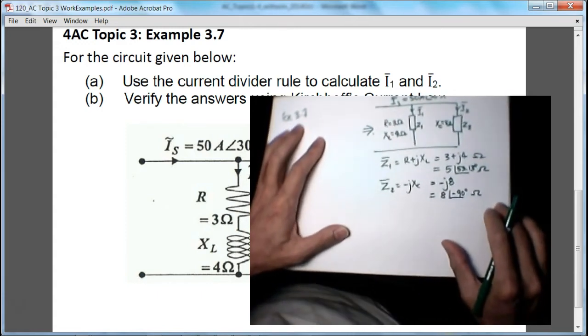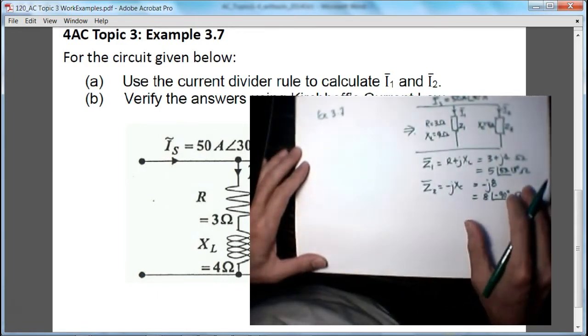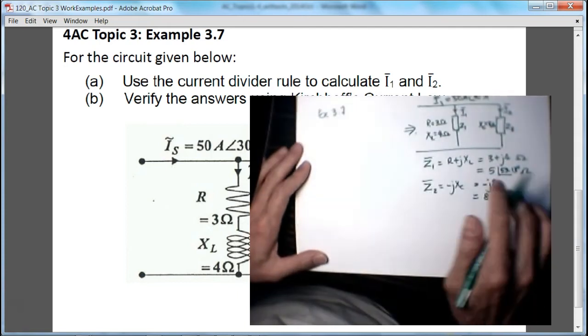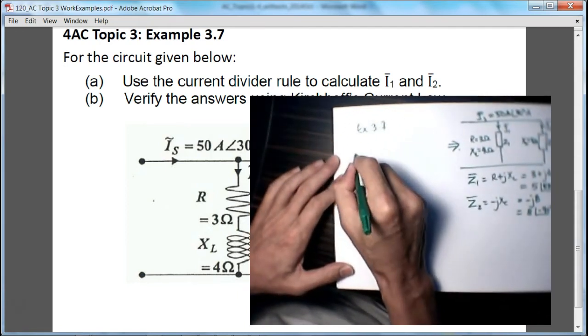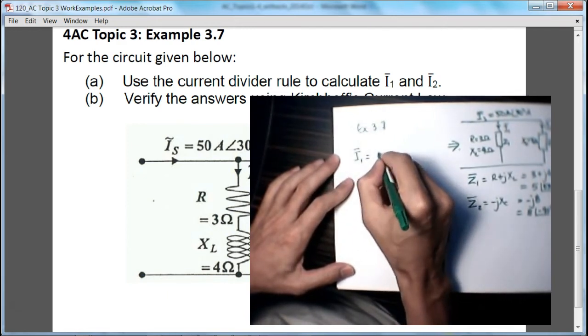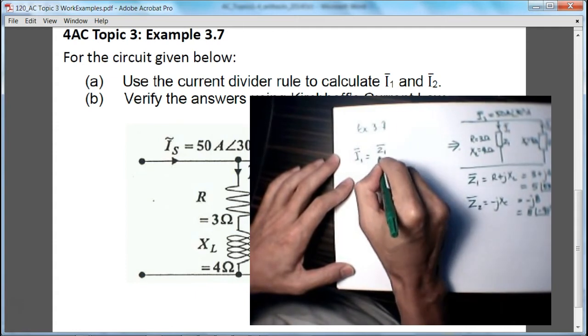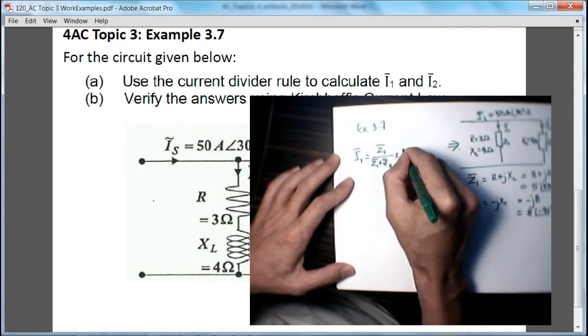Now the current divider rule works as follows. The branch current I1 can be calculated as Z2 divided by Z1 plus Z2, multiplied by IS.